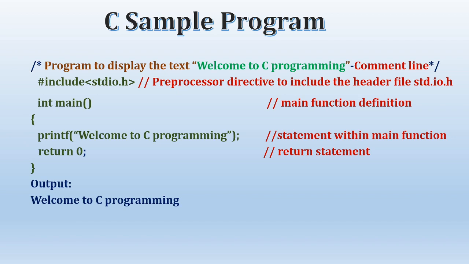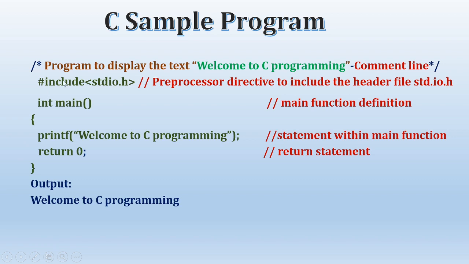The line "program to display the text welcome to C programming" is a comment line. As you can see, it is written between the pair of symbols slash asterisk and asterisk slash. These are used to write a comment in a C program, and that is a multi-line comment.